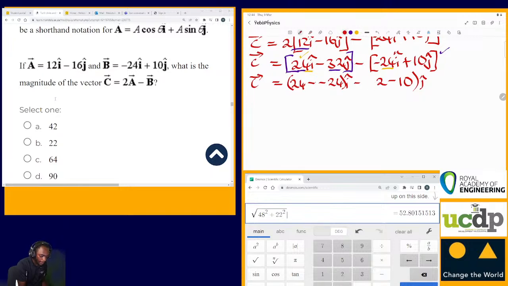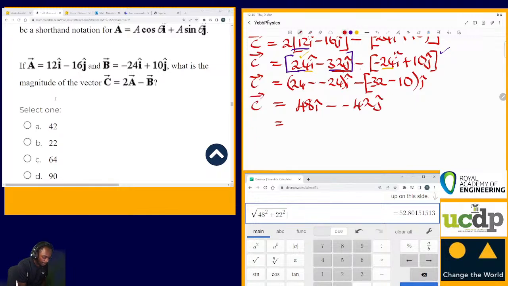I left out the negative 32 because the j component on vector 2a is negative 32 minus 10. So this becomes 48 in the i minus 32 minus 10, it'll give us negative 42. So that would be negative 42 in the j.